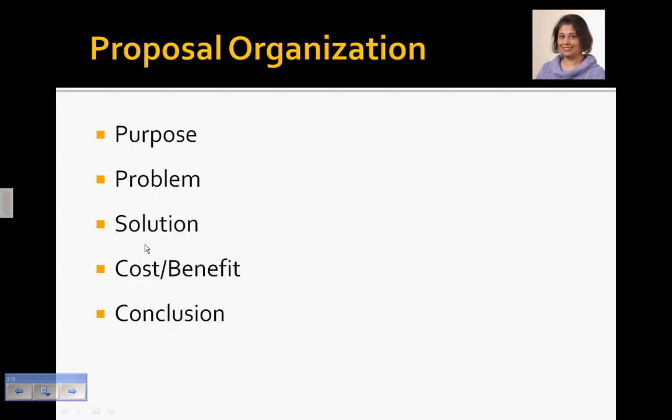So your solution should be related directly to your problem. Right? And then there's the cost benefit, because any solution is going to require resources. And how do you balance that cost with the benefits that the organization will realize? And because proposals require approval to move forward, how do you conclude with power to ensure the best chance of your proposal being instituted by the organization?